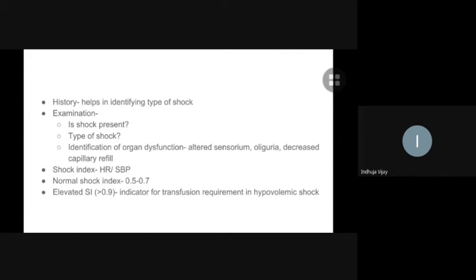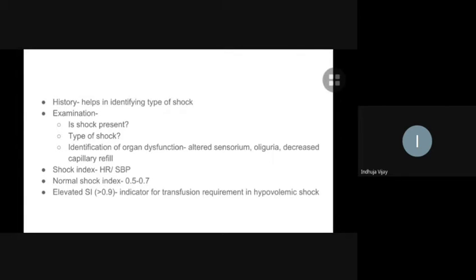For example, in septic shock, the patient will have a history of fever, a history of any ulcers, a diabetic foot, or any infection, pneumonia. He may have breathlessness or fever. Mainly, they'll come with complaints of fever.